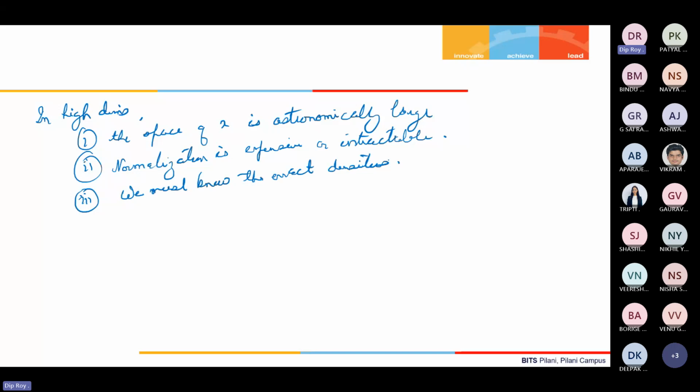What is the meaning of the third point? To calculate probability, we must know the exact densities. Even though we may know that x1 is better than x2, to model the distribution exactly, we must know the exact densities.